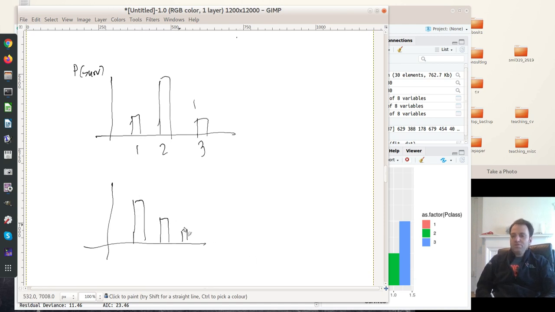So the probability of survival goes down from first class to second class to third class. But in your small training set, it's not like that, possibly because you undersampled, for example, people from second class. So it looks like that's what things are like, because your training set is small and not representative. And if you use the categorical version of the variable, then that is what you're going to be predicting.